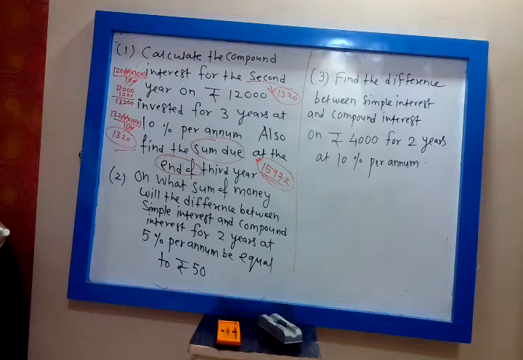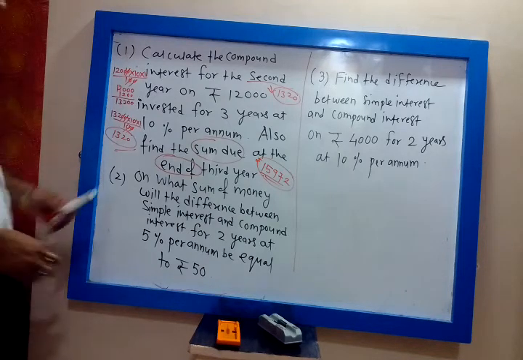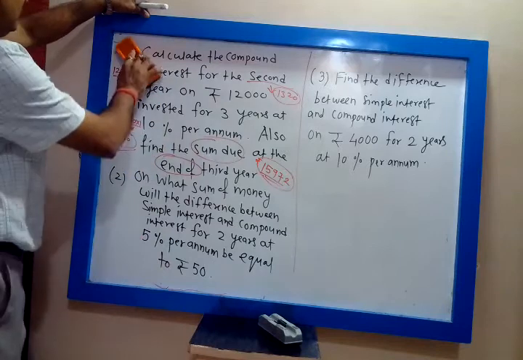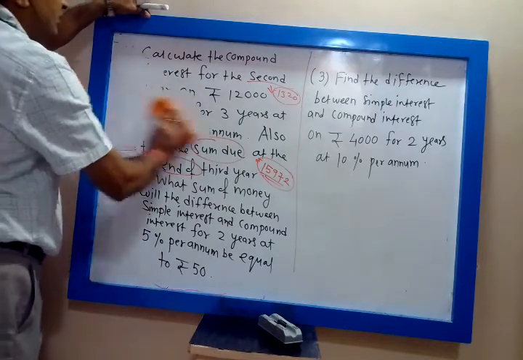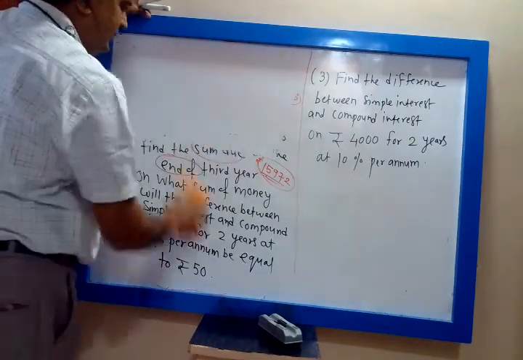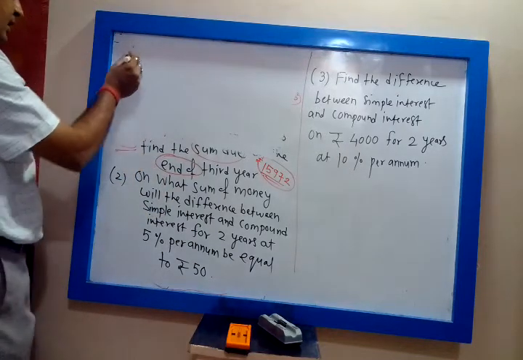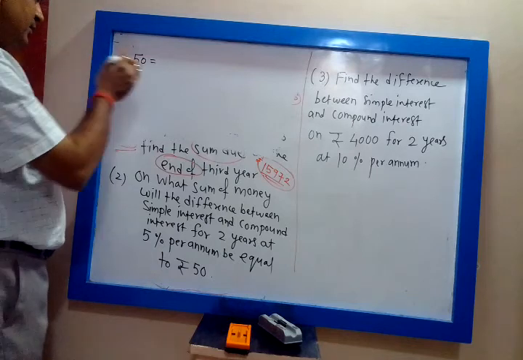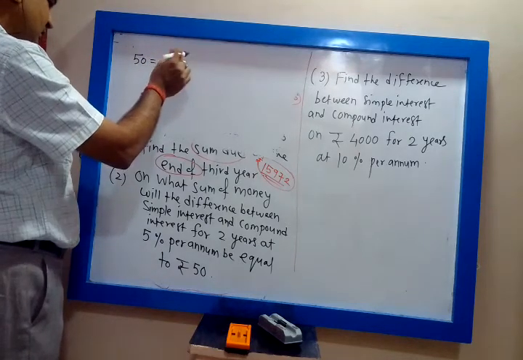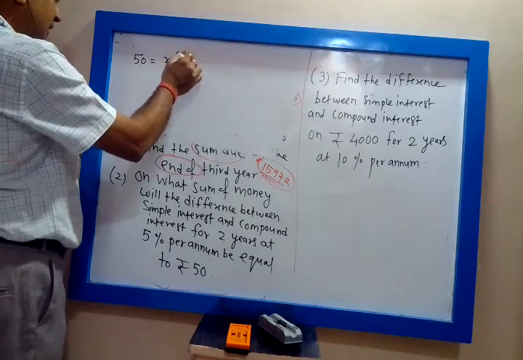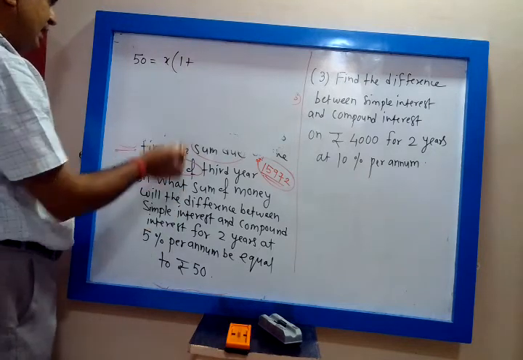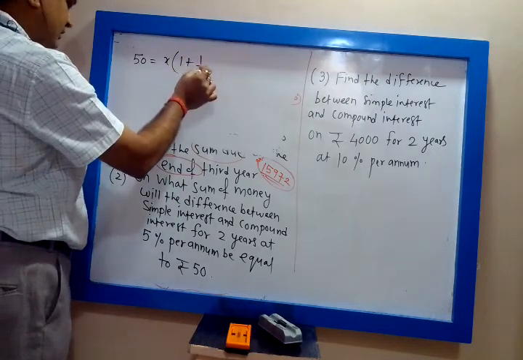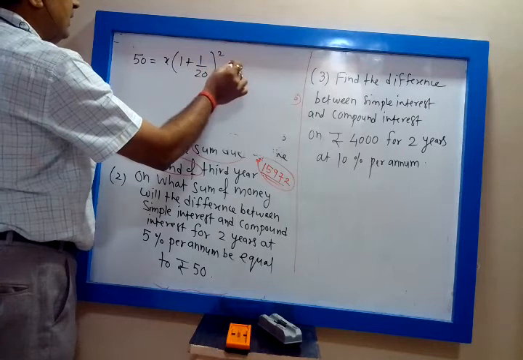What is the sum? 25,000? 20,000? Okay, let us see. No harm, let me do it directly. 50 is equal to x into (1 plus 5 upon 100, that is 1 plus 1 upon 20) raised to 2, minus x.